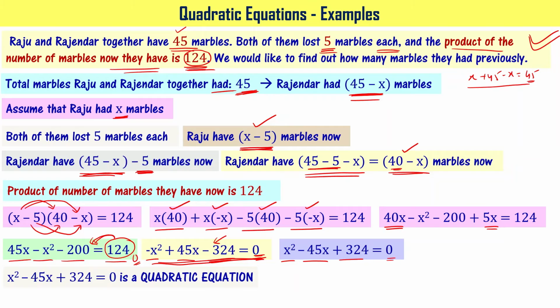If you solve this equation, what you are going to get is what Raju had initially. We said that Raju initially had X marbles, right? Once you know what initially Raju had, you can get what Rajender initially had, right?